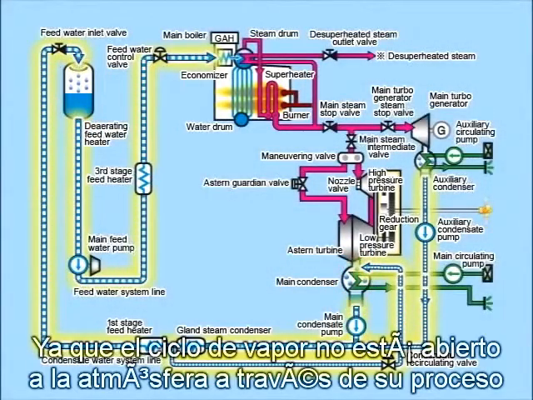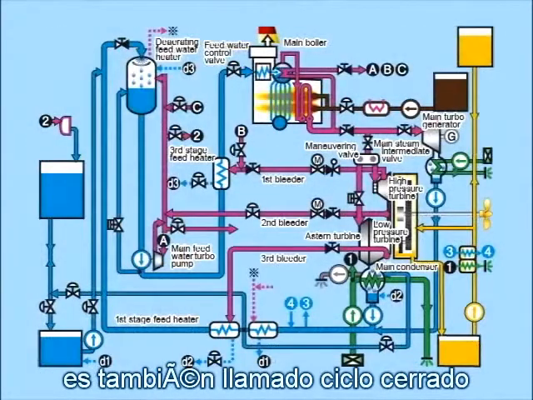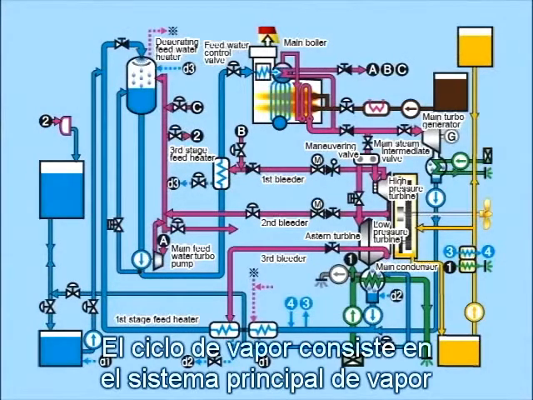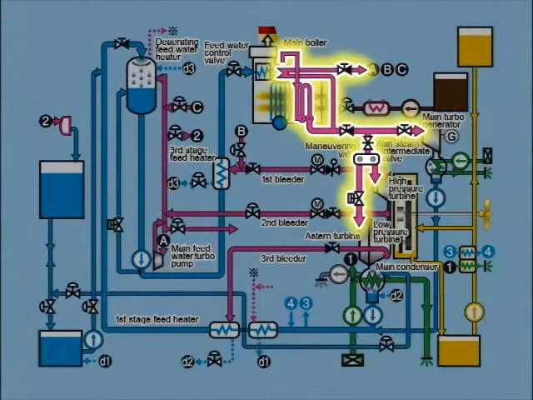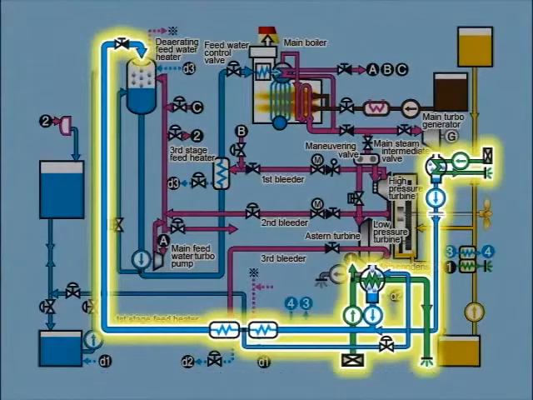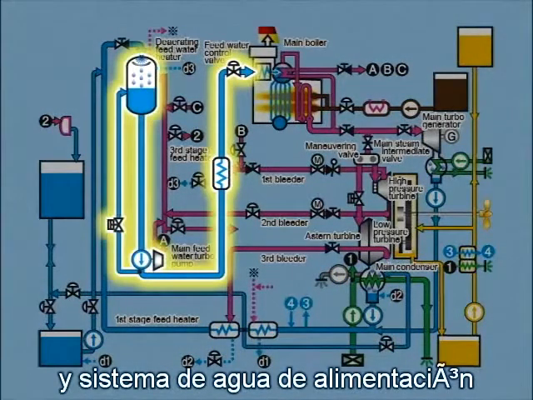Since the steam cycle is not open to the atmosphere throughout its process, it's also called a closed cycle. The steam cycle consists of the main steam system, condensate water system, and feed water system.